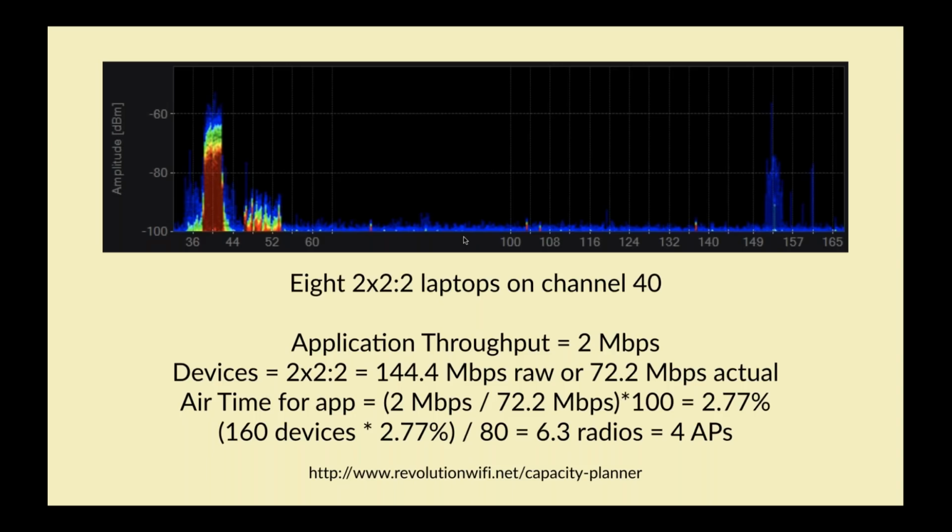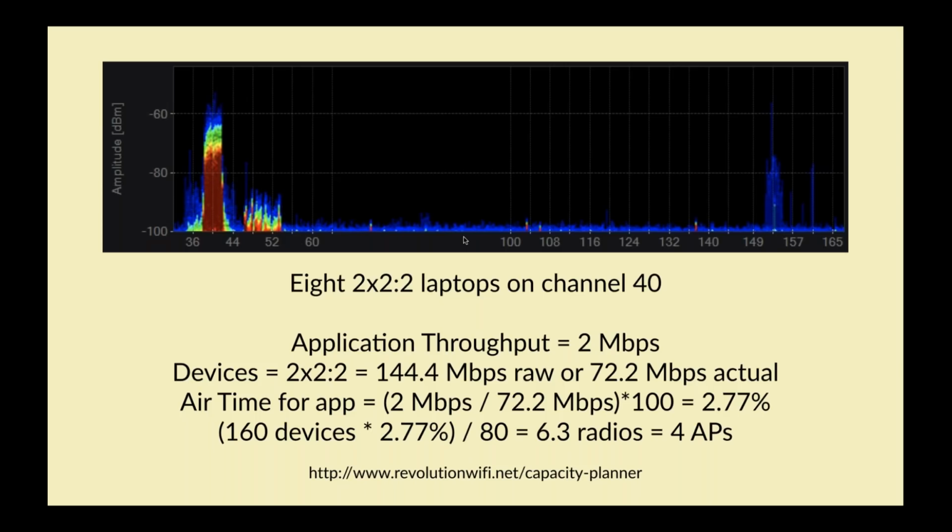That's important because when I try to do this math manually, let's say the application throughput is 2 megabits per second, and my devices are these Chromebooks, 2x2, 2 spatial streams. If you look at the MCS index, they'll get about 144.4 megabits per second.